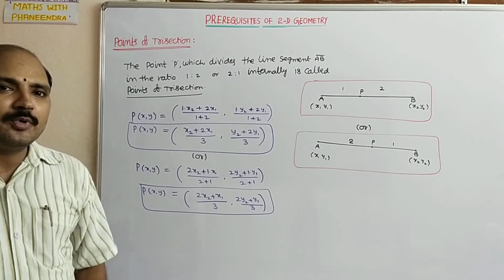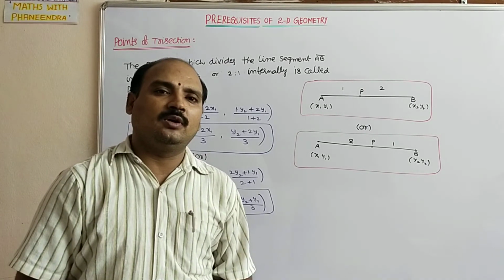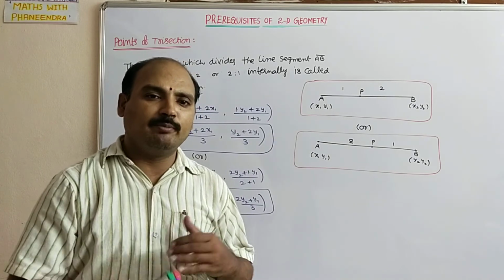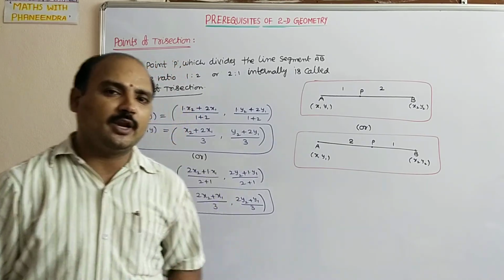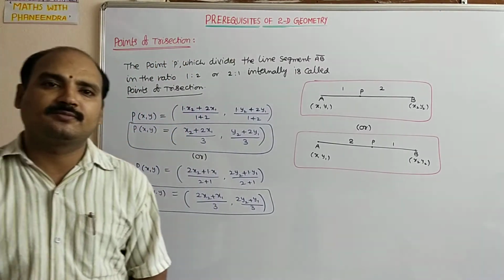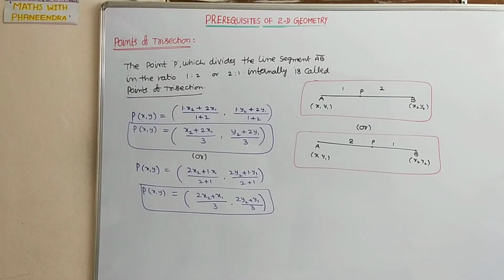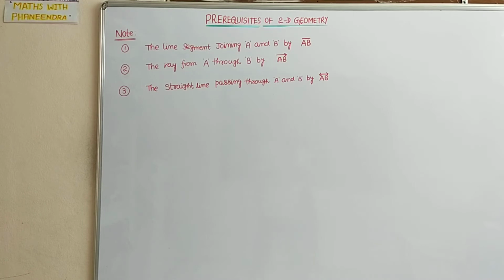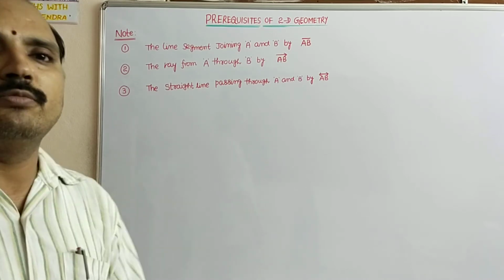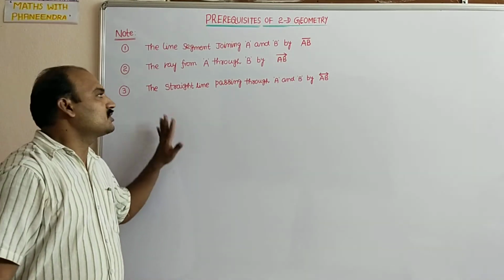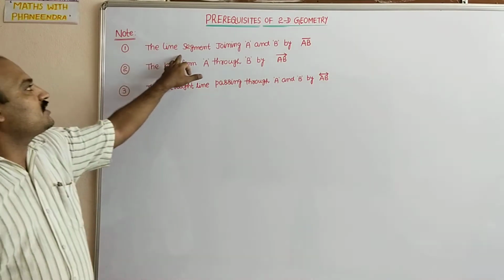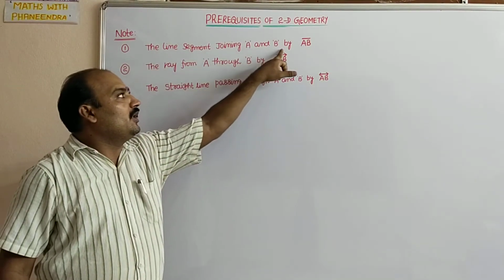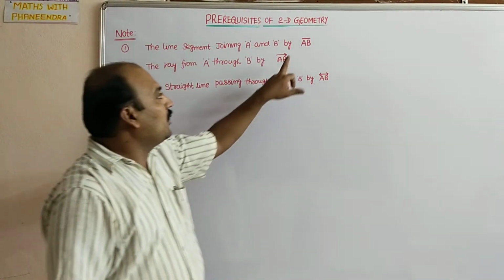And some important points which we will use in the middle of problems, I will explain now. Some little concepts. Some important notes we are discussing here. The line segment joining A and B is denoted by AB.